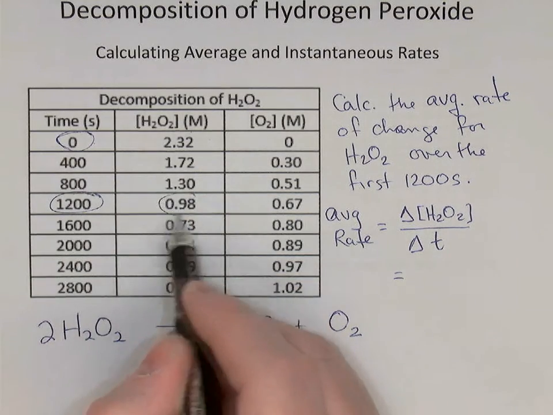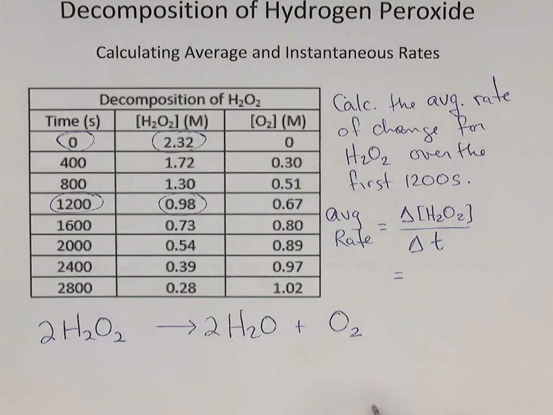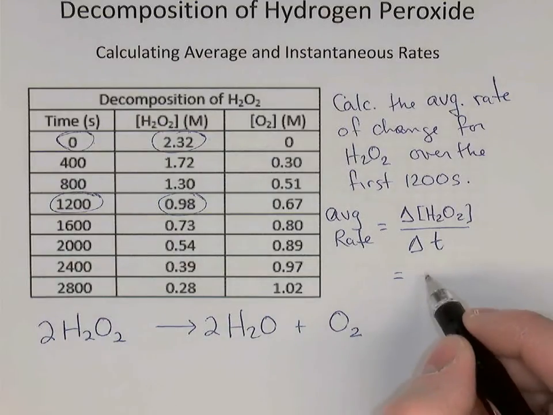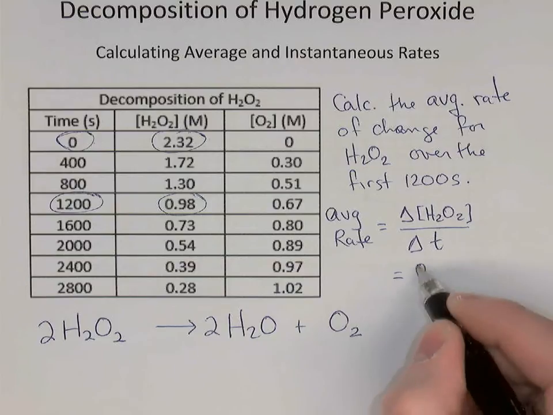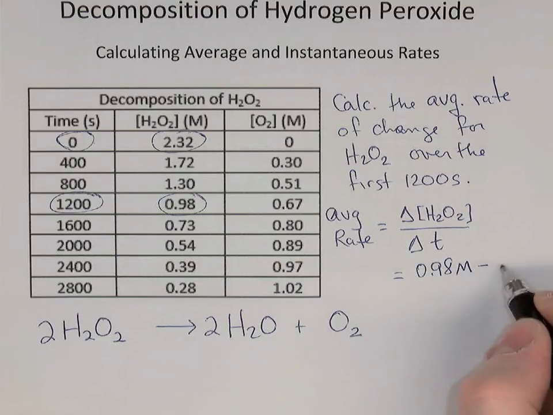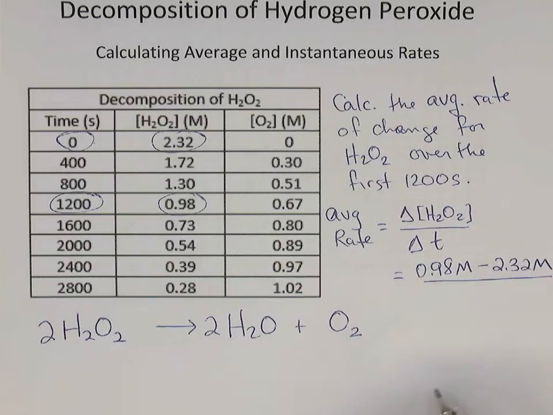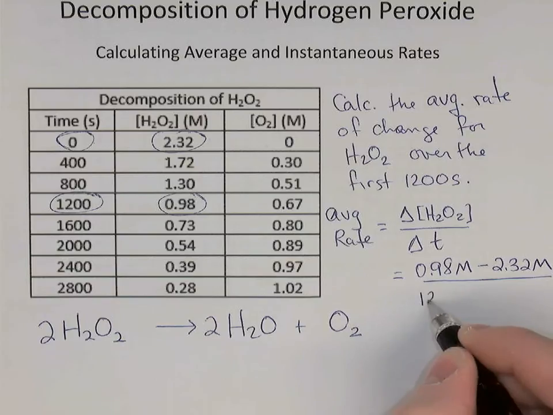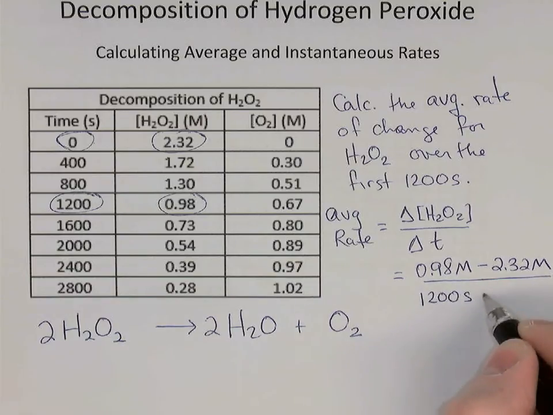We can see that the hydrogen peroxide concentration fell from 2.32 to 0.98 over that interval. So the change in its concentration would be the final concentration, 0.98 molarity, take away the initial concentration, 2.32 molarity, over the change in time, which in a similar way is the final time, 1200 seconds, minus the initial time, which is 0 seconds.